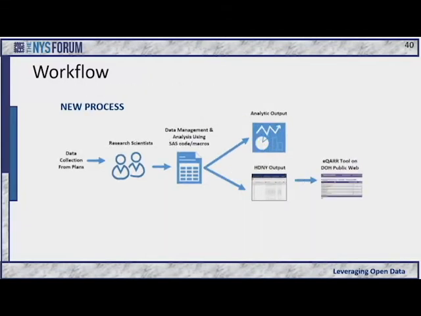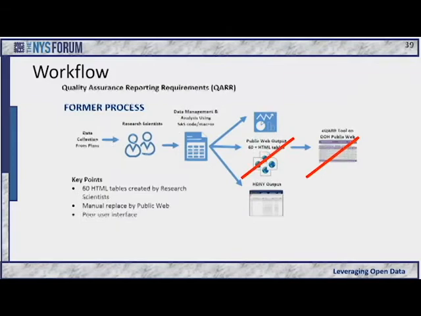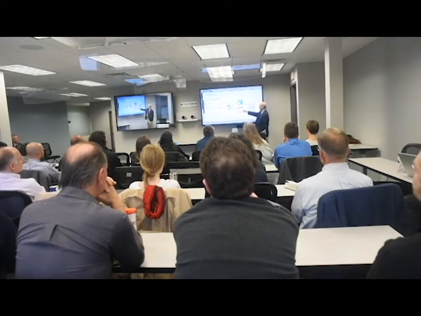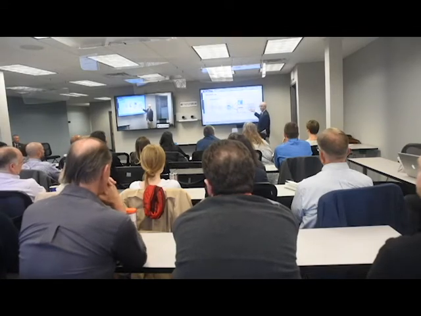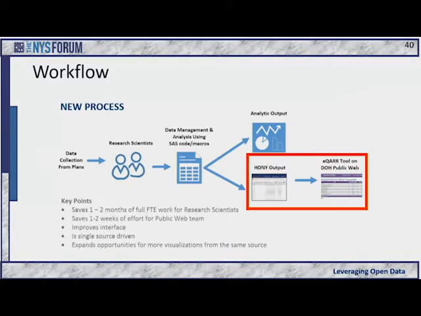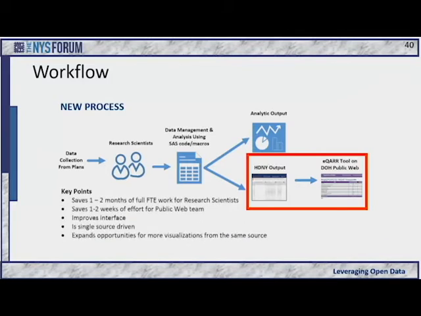So what they went to was this, where they eliminated those two crossed out steps and actually got it to here, where now they go right from the open data set, boom, to the website. There's no intervening work at all. Once it's on the open data set, it's on the website. Boom, they're done. What that did for them in terms of the workflow, a couple months of full-time equivalent for research scientists. They don't have to create all those extra tables that they used to create.